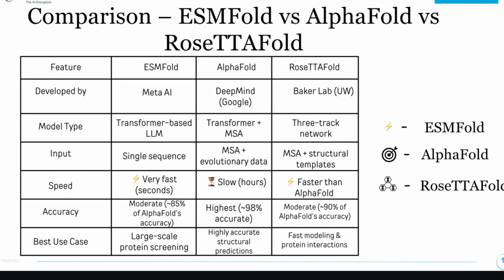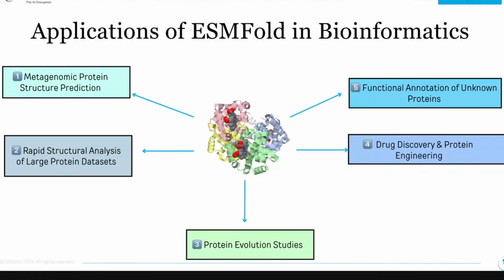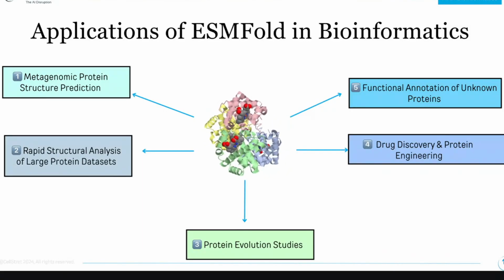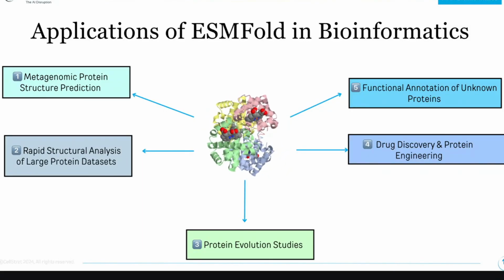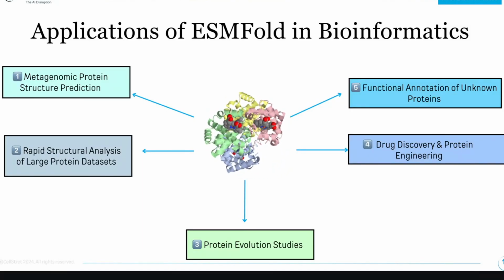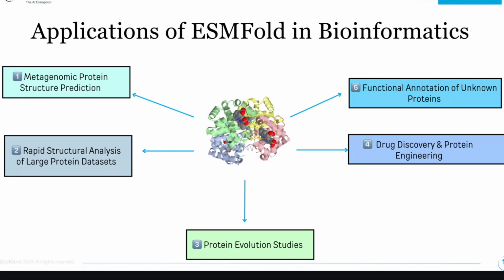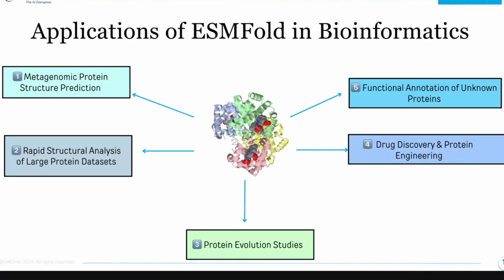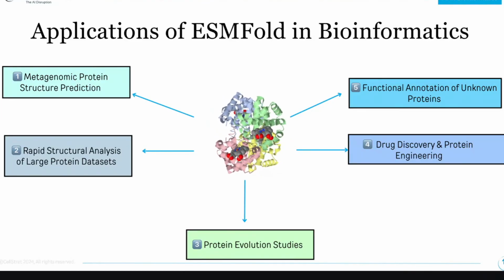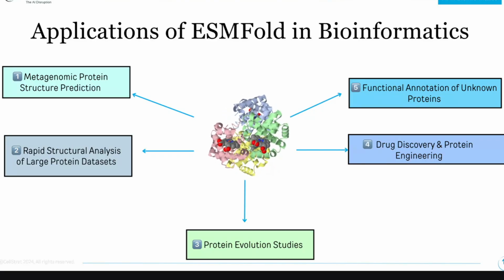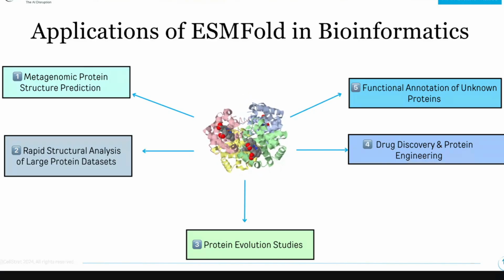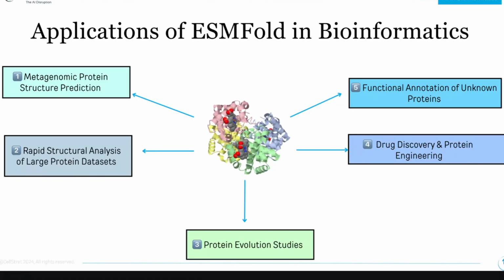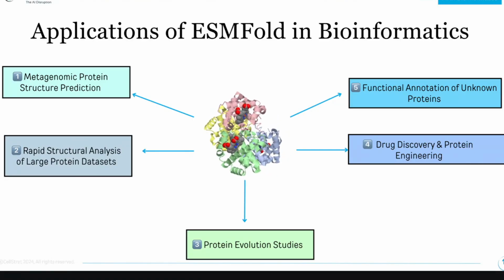All right. So next we will look into the applications of ESM fold in bioinformatics. By utilizing a single sequence as input like this that I'm showing right now, this is a prototype of a P53 protein structure. P53 is like the causative agent of cancer.